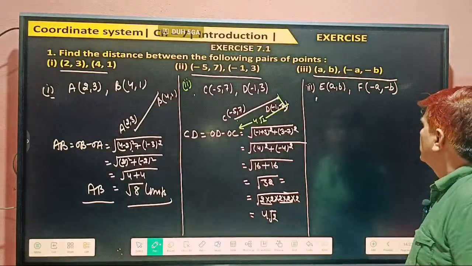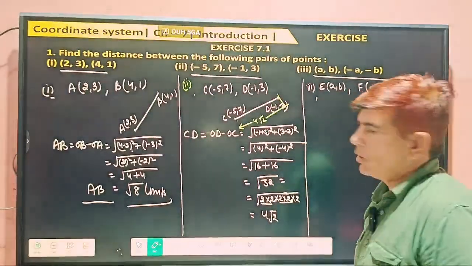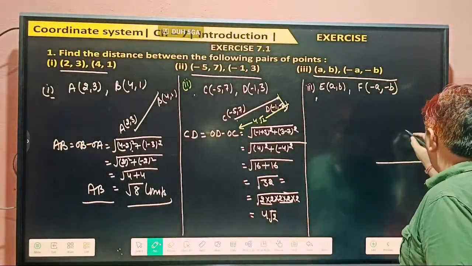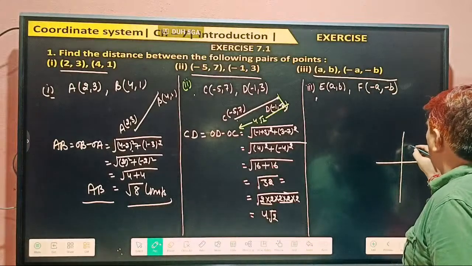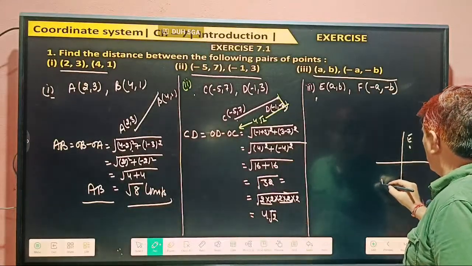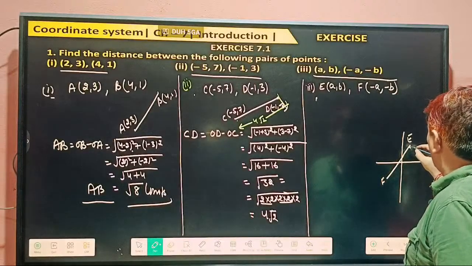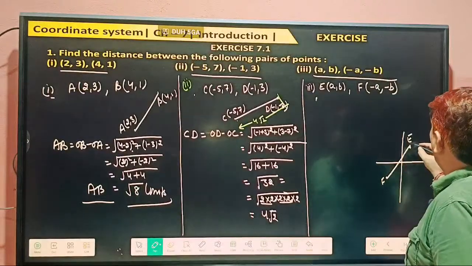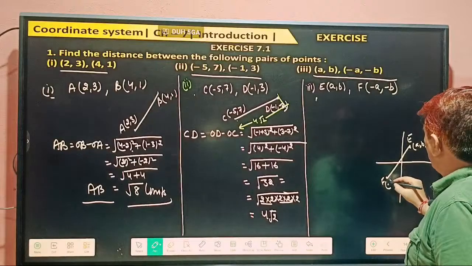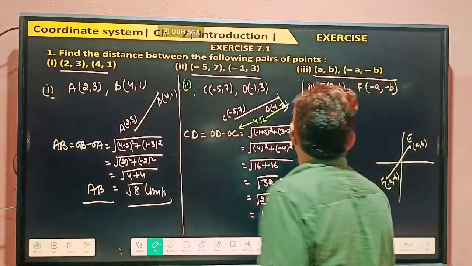F is a point where both X and Y are negative, so lying in the third quadrant. So the situation is like this. One point is here, which one? E. Another point is here, this. So like this. So E is a, b, and F is minus a, minus b.